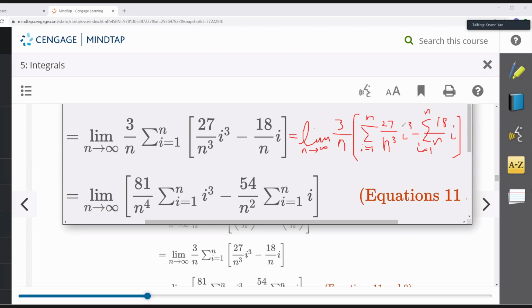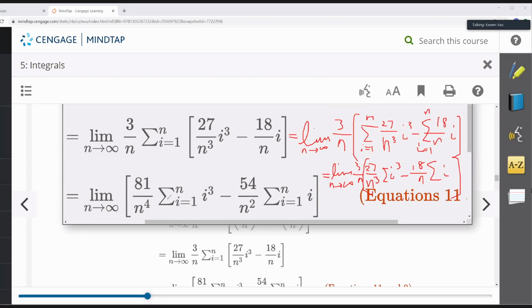Now you can see that 27 over n cubed has nothing to do with index i, so you can put it outside. So it is equal to the limit as n approaches infinity of 3 over n, 27 over n cubed times the sigma of i cubed. Here, 18 over n has nothing to do with index i, so you can put it outside. So it's 18 over n, sigma i.